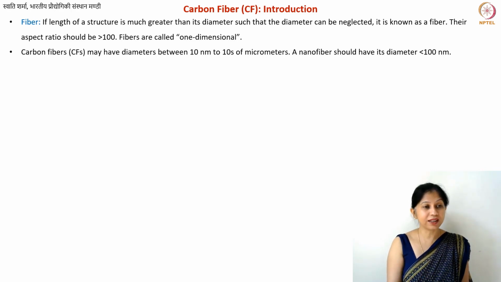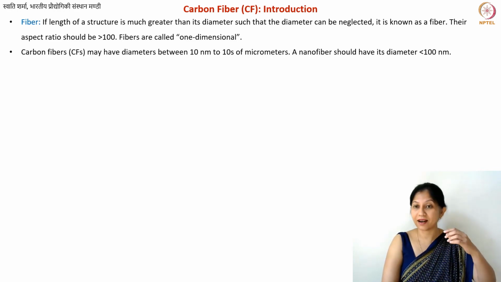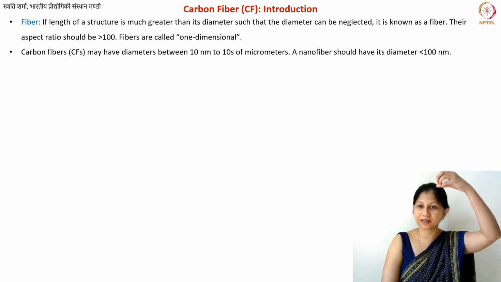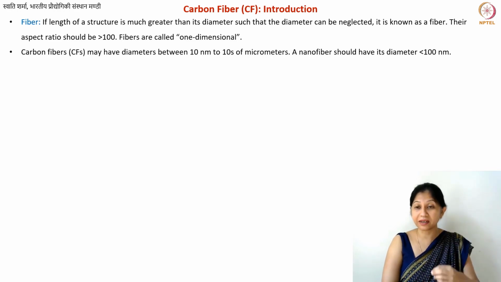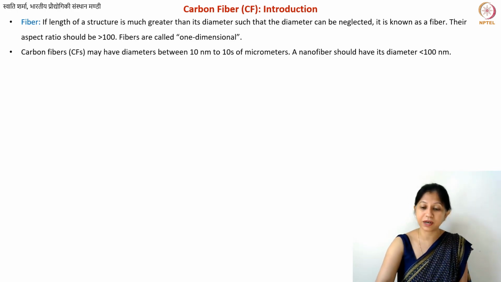So in this particular case, what you can do is you can pull fibers out of any polymer which has a high carbon content, or petroleum byproducts such as pitch. Because you know that pitch is a highly viscous material which can actually yield nice fibers. So you will use these kinds of materials for making fibers, and then you will perform the heat treatment. That is the most common method of making industrial carbon fibers.